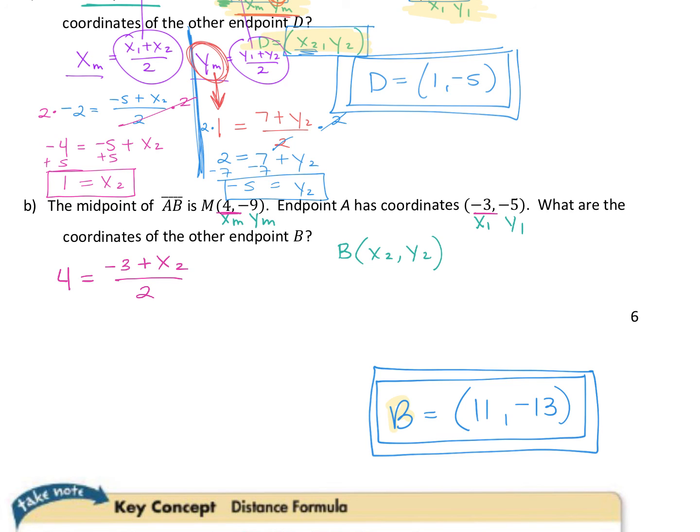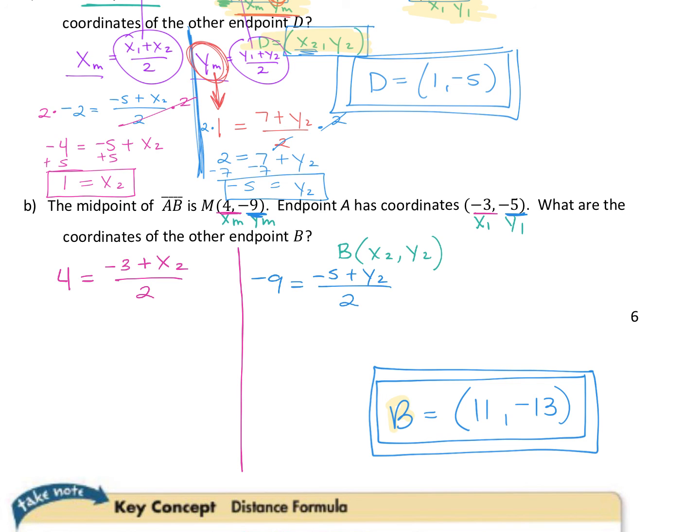Okay, so that's going to take care of your x's. Your y's, we would do y midpoint, so -9 equals y1, -5, plus y2 divided by 2. Okay, so that should be your setups. Anyone unclear on where I'm getting something from those setups?